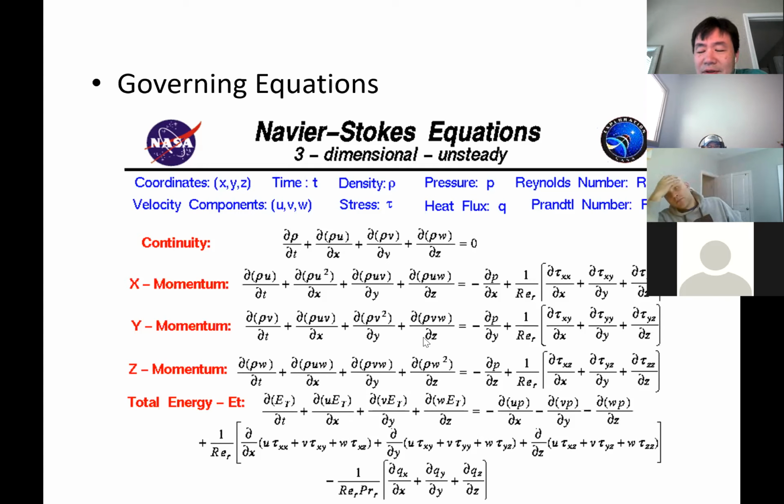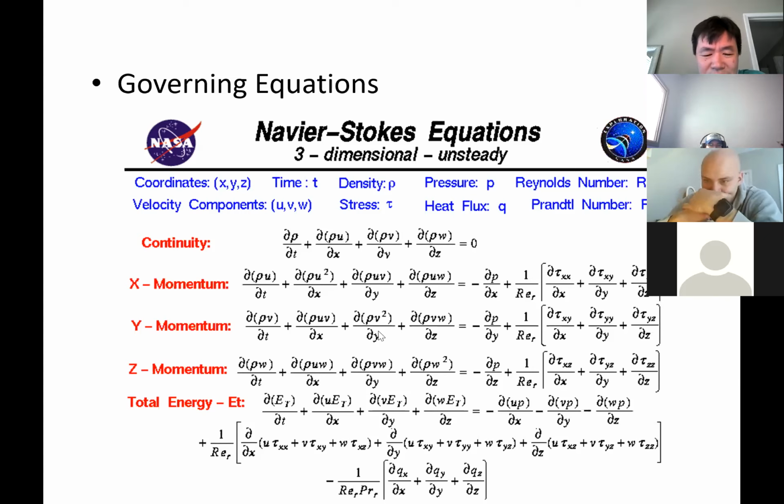Basically, it means if you divide your physical domain into infinitely small elements, on each element these relationships will satisfy conservation of mass, and the three equations for the conservation of momentum. Momentum is a vector, right? You have 3 dimensions. And also the conservation of energy. Look at them, they are all related.